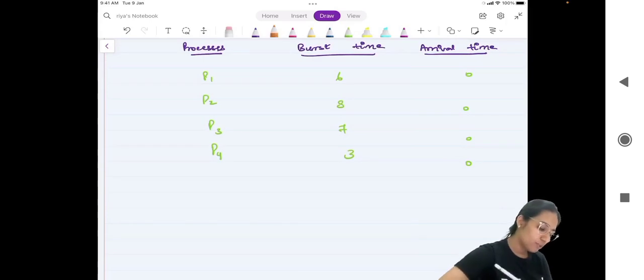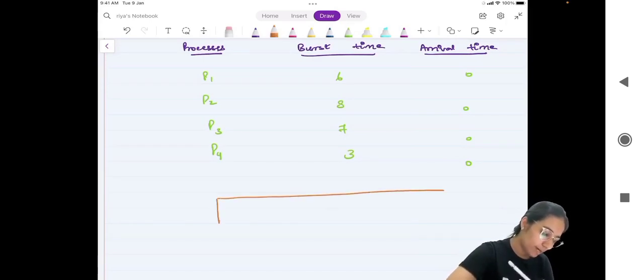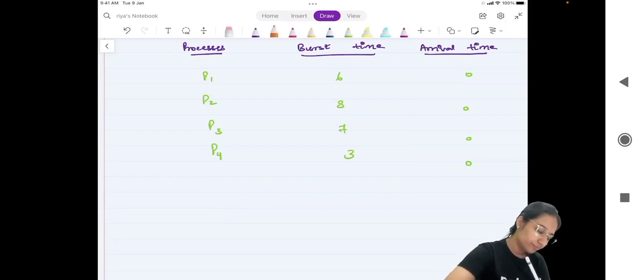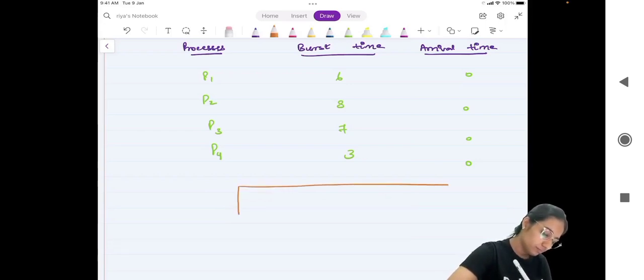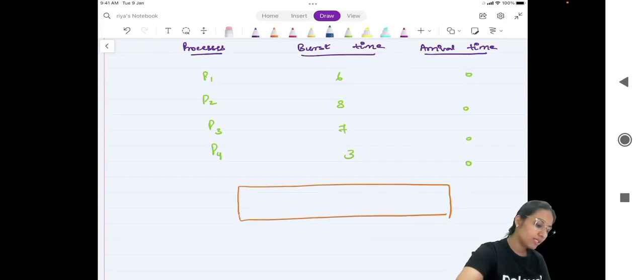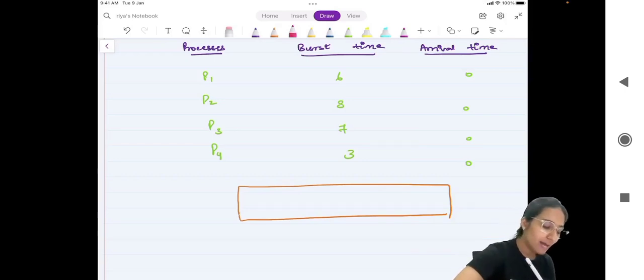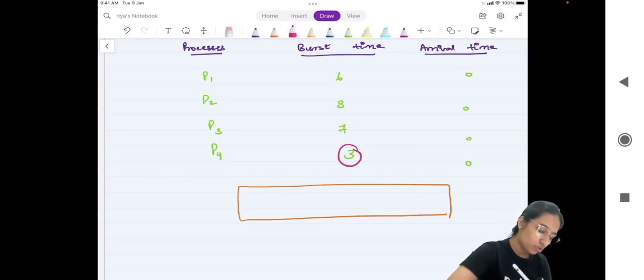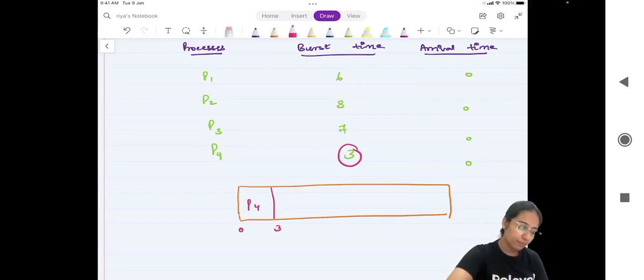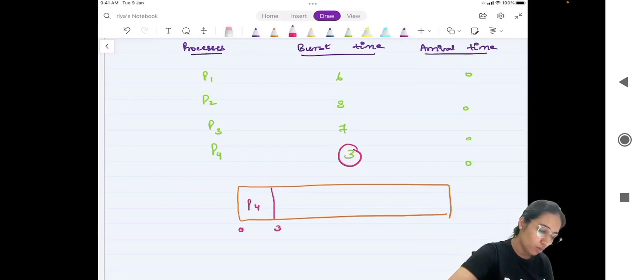When we make a Gantt chart for this, it will go something like this. First, out of all the processes, which one has the shortest burst time? This one, so first we'll execute P4, from 0 to 3. The next one we will execute is P1, because it has the next shortest burst time, so this is 9.